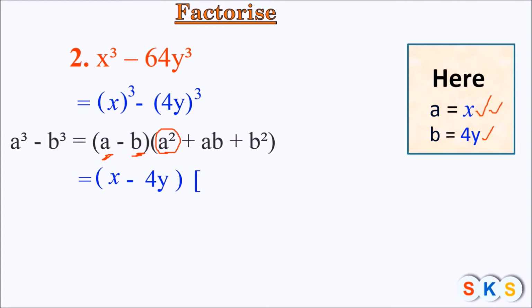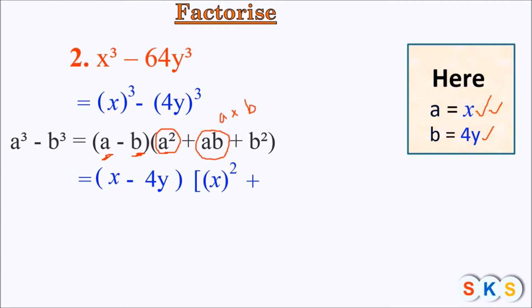So what we will write at the place of a square? We will write x the whole square plus, after plus you can see that in this formula we have ab. Right, ab means a into b, correct? And what is the value of a? You can see in the rectangular box it is x, and what is the value of b? It's 4y.